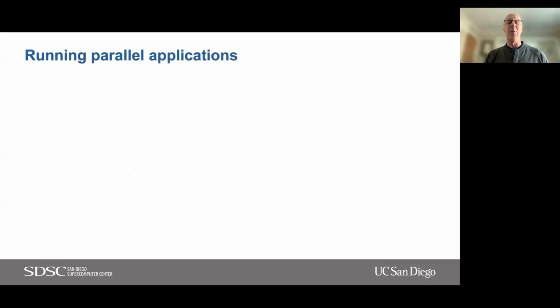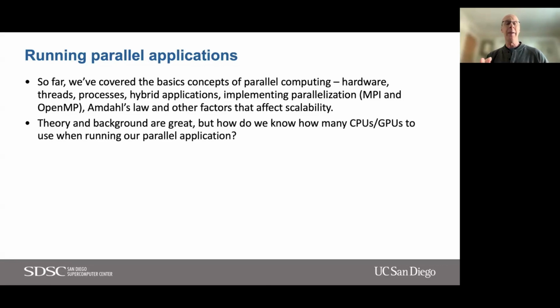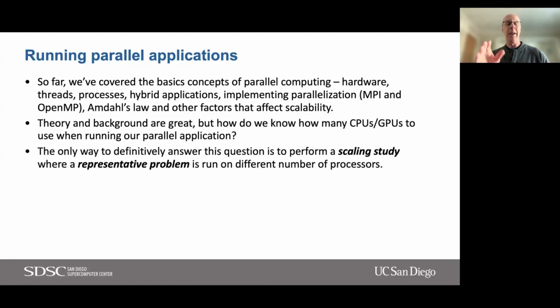So I'm going to get to one more topic, and this might be the most important takeaway for this entire talk. And that is running parallel applications. So we talked all about hardware, threads, processes, Amdahl's law, other factors that affect scalability. So all of that theory and background is great. But how do we know how many CPUs or GPUs to use when running our parallel application?